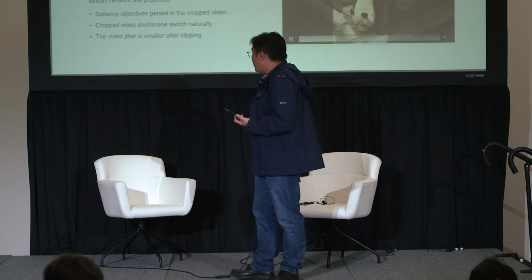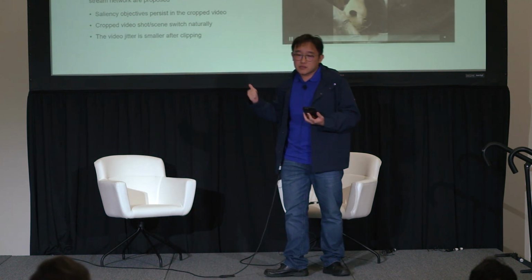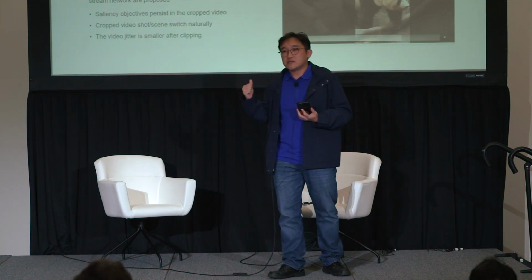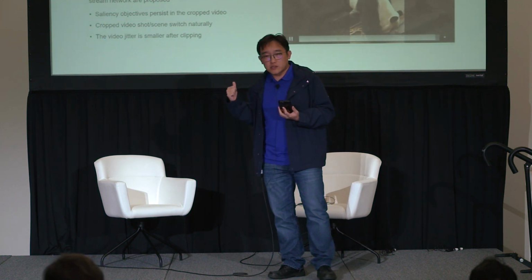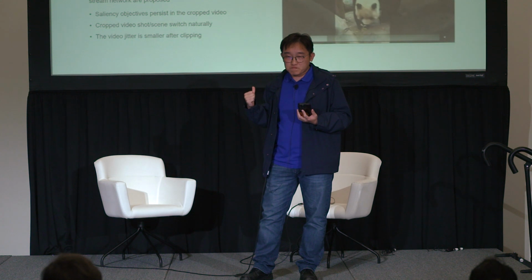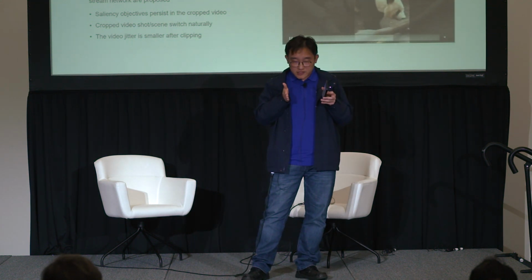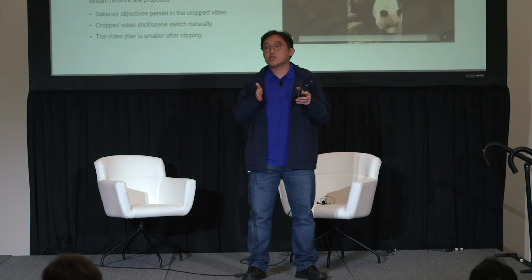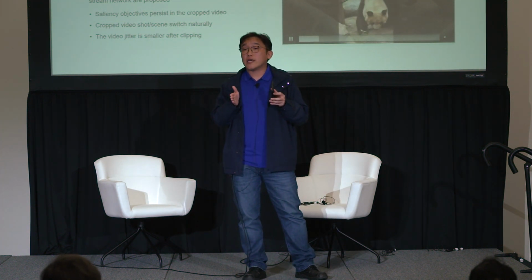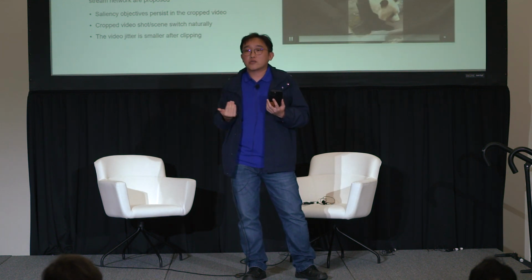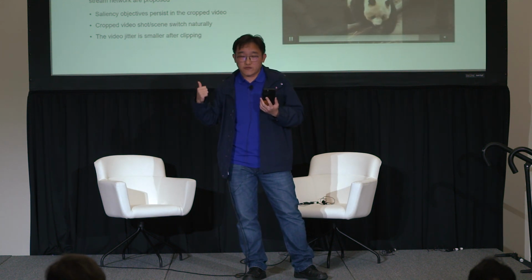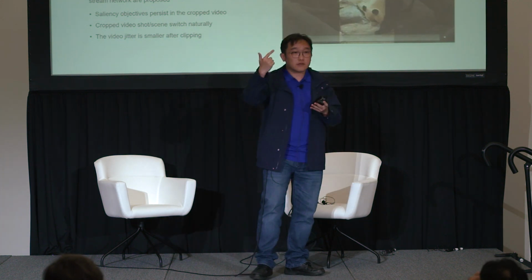So we choose a more elegant way. We use a saliency detection model in this feature, and it will automatically detect the most important area in the video, crop it, and ignore the less important background information. So next, please.